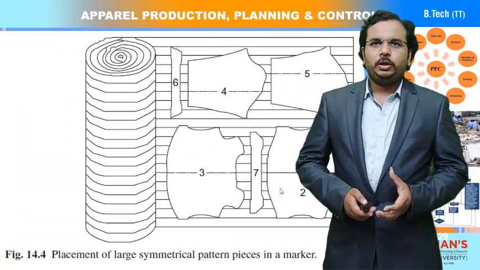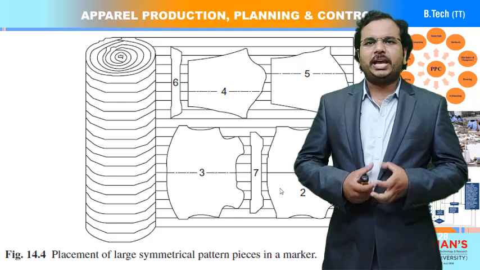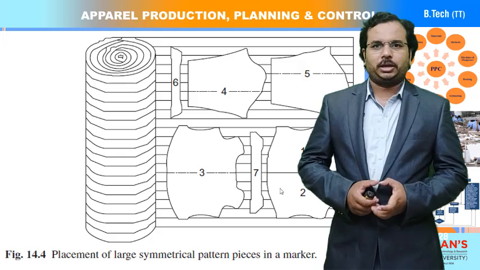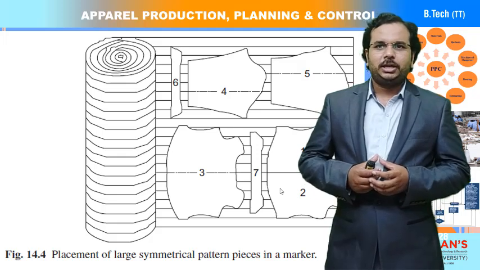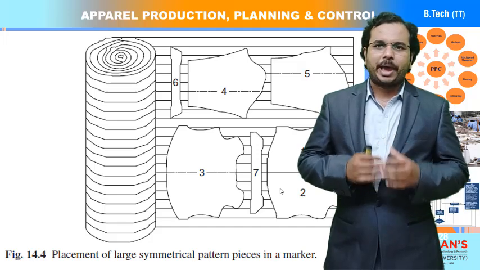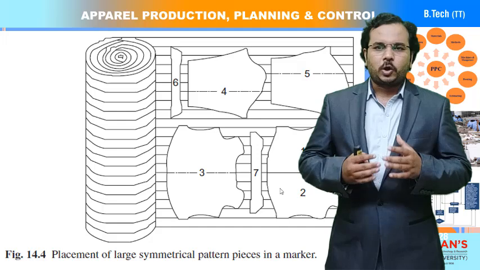Then you can see here the placement of large symmetrical pattern pieces in a marker. You can see different panels: front bodies, back bodies, sleeves, collars.